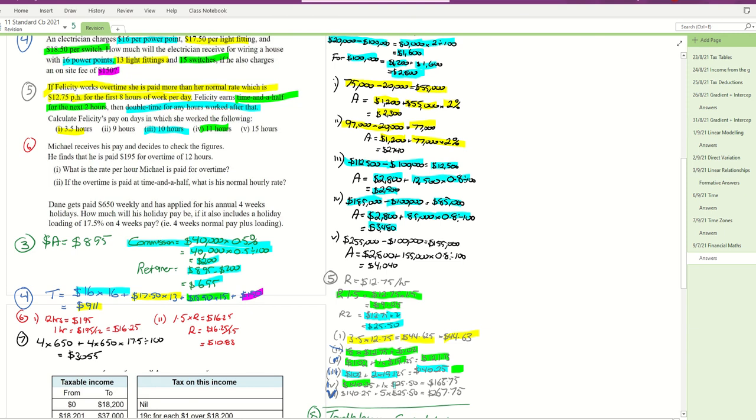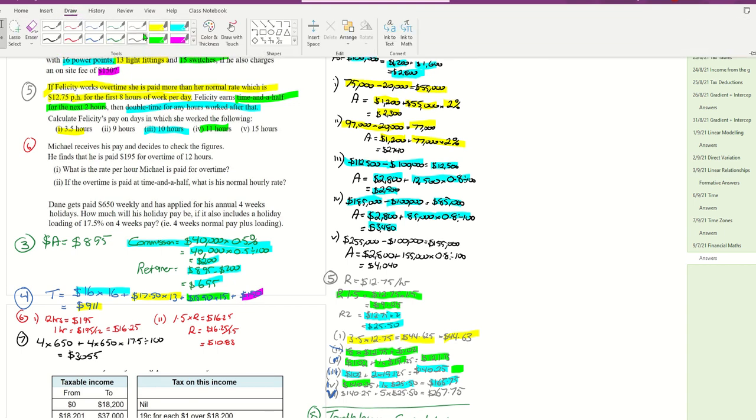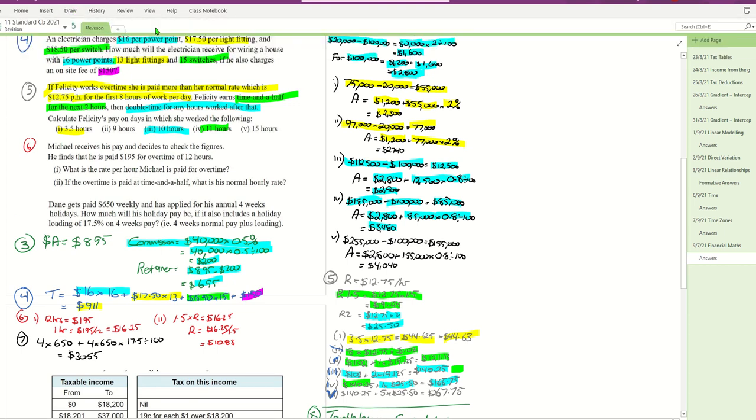So for 11 hours, he gets his 10 hours pay plus 1 at $25.50, 165.75. And finally, for 15 hours, he is going to be paid the amount for 10 hours, which is 140.25, and then an extra 5 hours at that double time rate, 267.75.